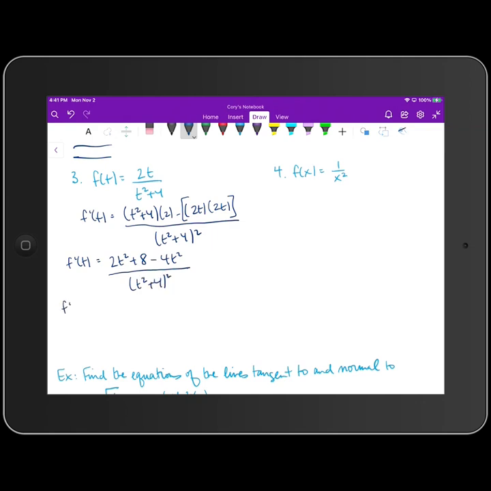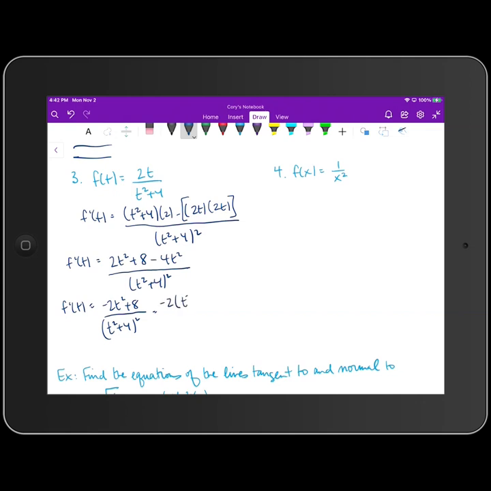Okay, so we want to continue simplifying our numerator, so I can combine like terms. So 2t squared minus 4t squared is negative 2t squared plus 8 over my denominator, which is t squared plus 4 quantity squared. Okay, so I can factor a negative 2 out of the numerator.